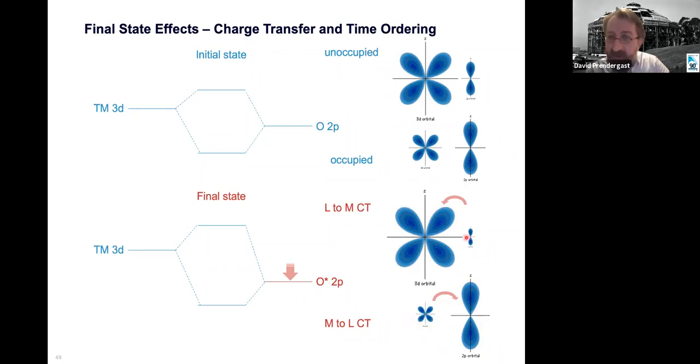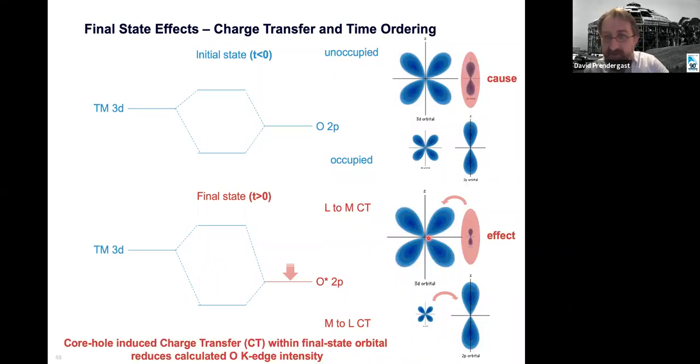So you have even less character on the oxygen state and more 3d metal character. And so now this defines, let's say, the problem in our previous calculations. So there's a cause, meaning you fill this orbital when you make the excitation, and then the presence of that core hole and the electron together lead to this effect.